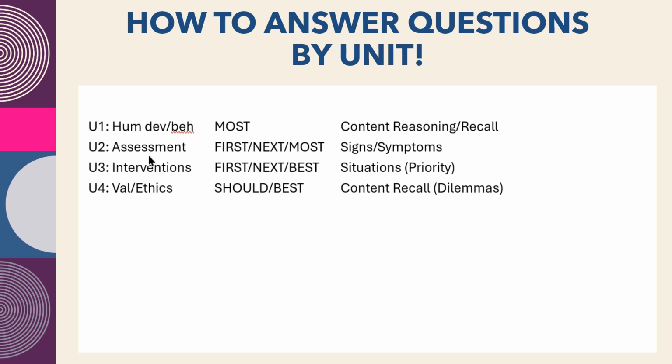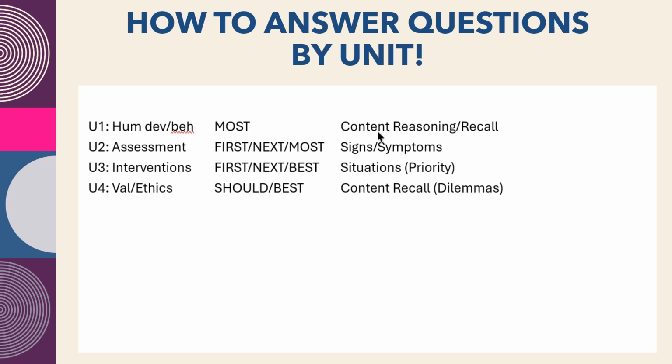So here is a little key of what is most common for the ASWB exam. This is not absolute, this is not all inclusive, this is just what is most common. For unit 1, you're going to see a lot of most questions, okay?